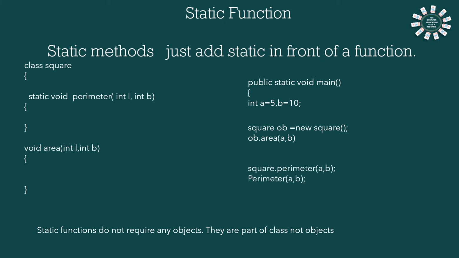We can just say class name dot function name, otherwise just the function name. So for example, Square.perimeter, otherwise we can just say perimeter. A static function cannot access a non-static function without creating the object. That is why we are creating the object to call the non-static function.